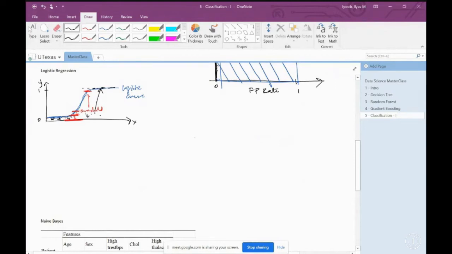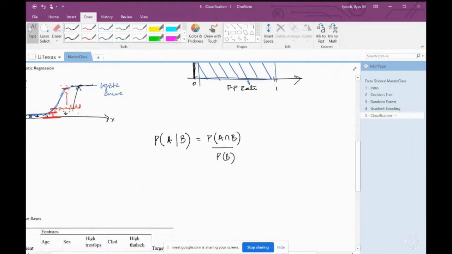Bayes' theorem basically says that if I want to know the probability that an event A is going to happen, given that I know that B happened, then this is the probability of A and B divided by the probability of B. This is just the definition of conditional probability.